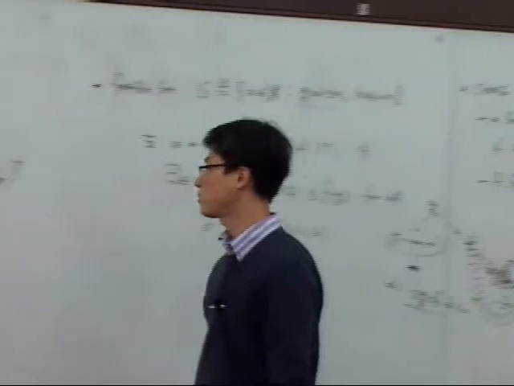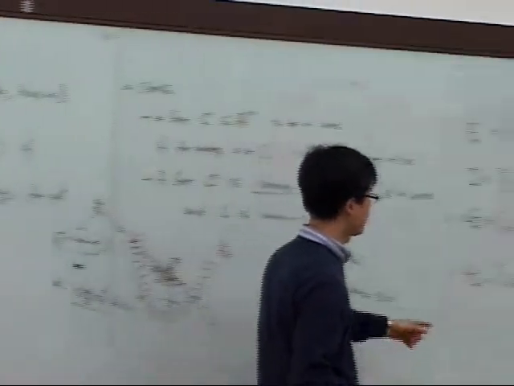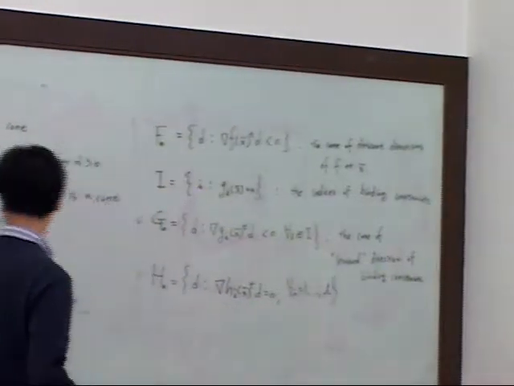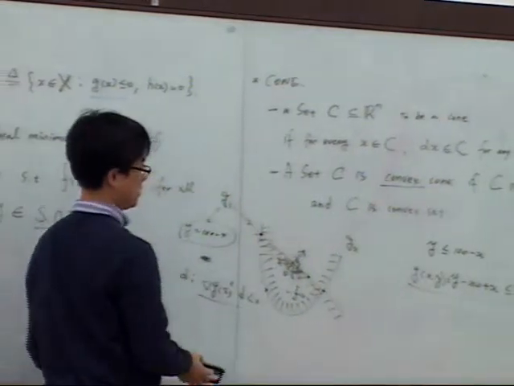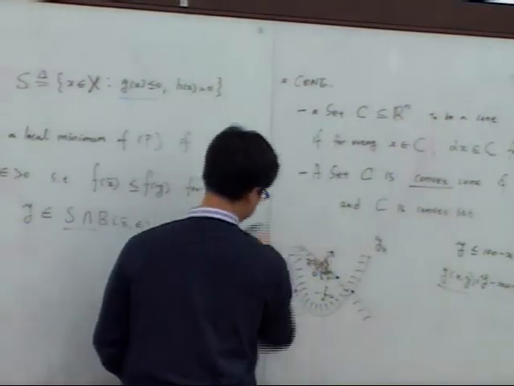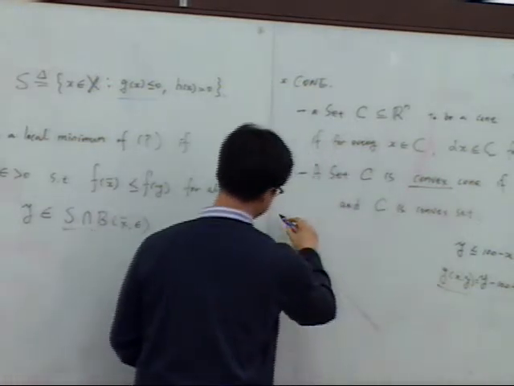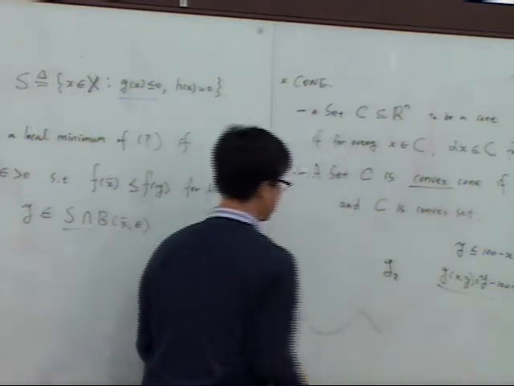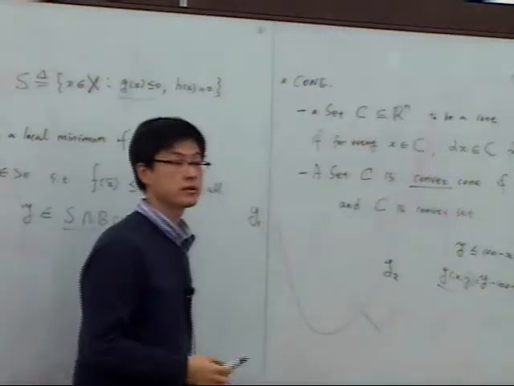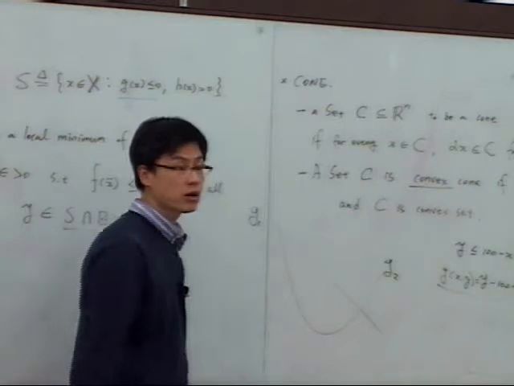And for this, H is for equality constraint. We have G1 and G2, and within this region, this is our feasible region, but at the same time, we have an equality constraint.